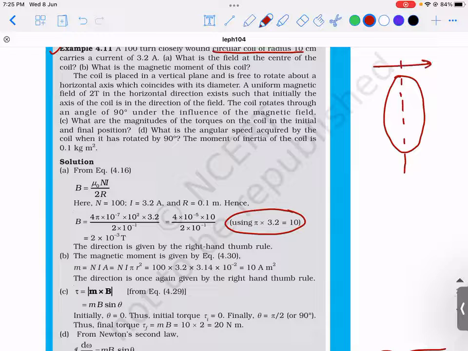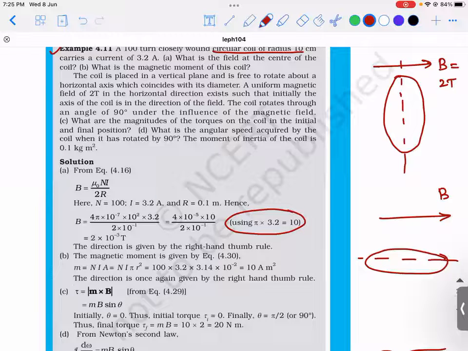The uniform magnetic field of 2 Tesla in the horizontal direction exists such that initially the axis of the coil is in the direction of field. So the magnetic field is like this, and the axis of the coil was like this.